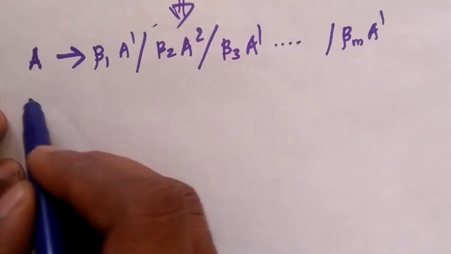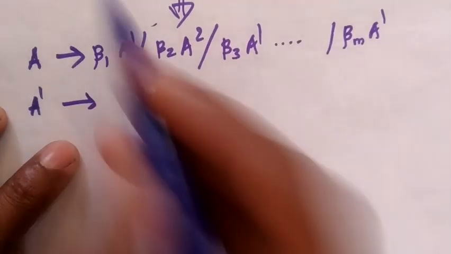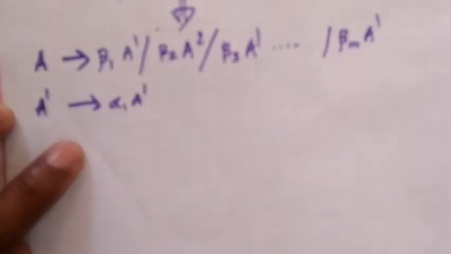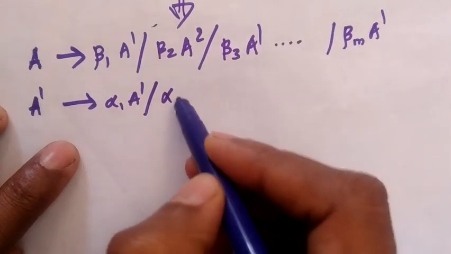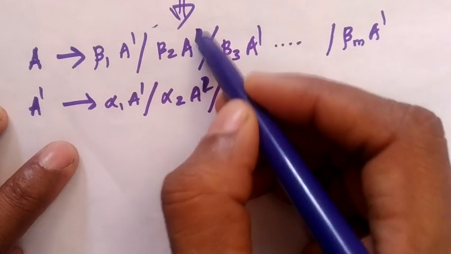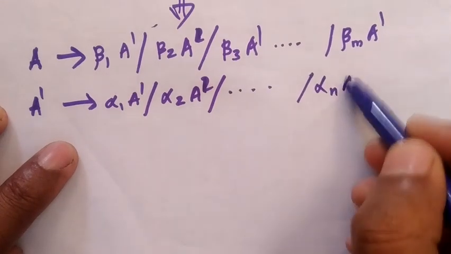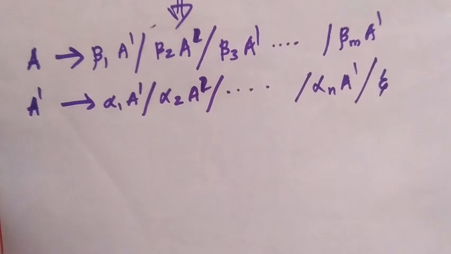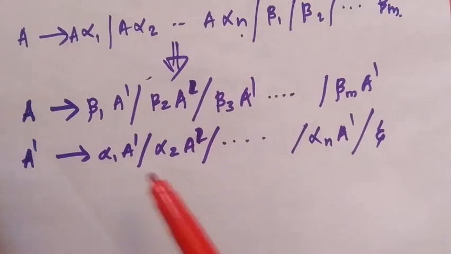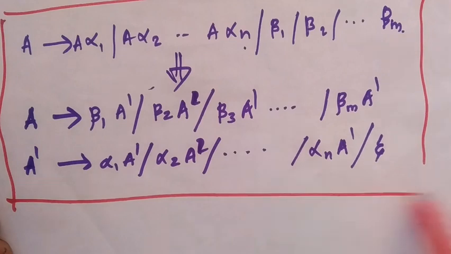Then A dash gives alpha 1 A dash or alpha 2 A dash, etc., or alpha n A dash, finally epsilon. This is the general rule how to remove immediate left recursion if you have such productions present in the grammar.